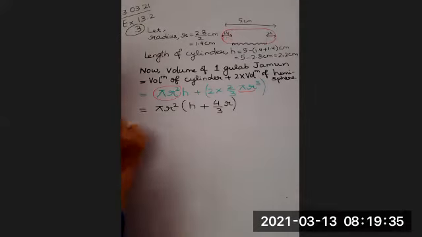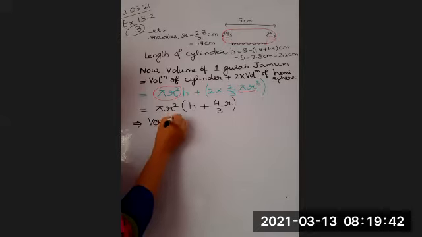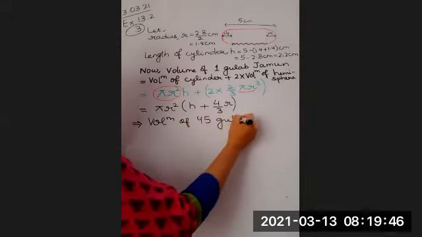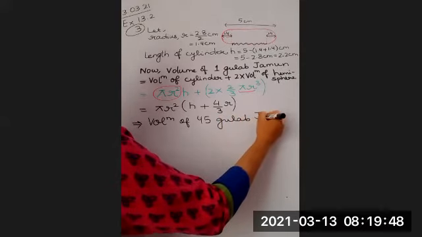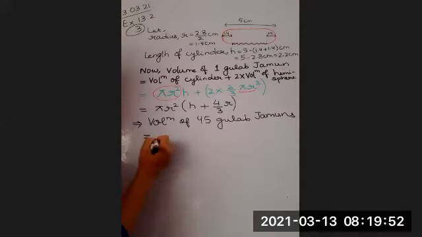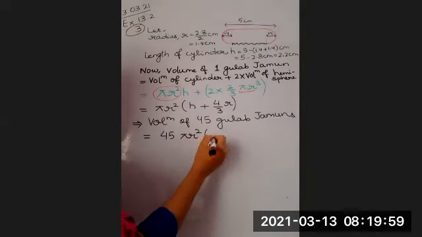Now, let us find volume of 45 gulab jamuns. So this will be equal to 45 pi r square.